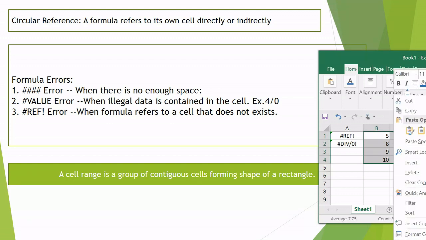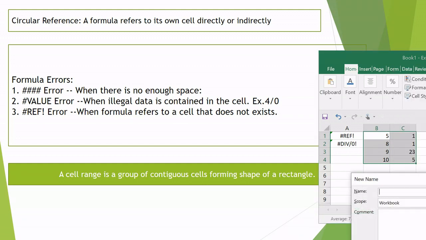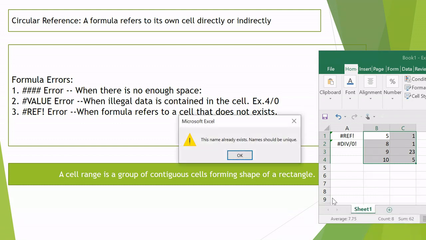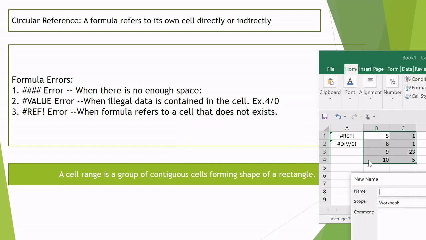I can select it, right click and select define name. It allows me to give it a name. I am giving it the name range. Okay, I already have something called range, so I will call it RANG.